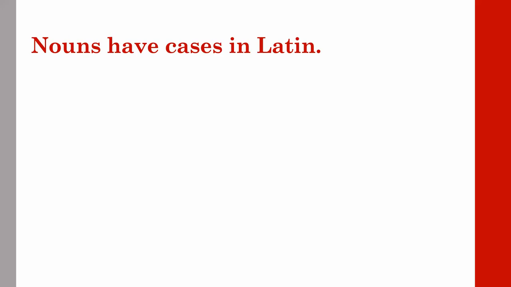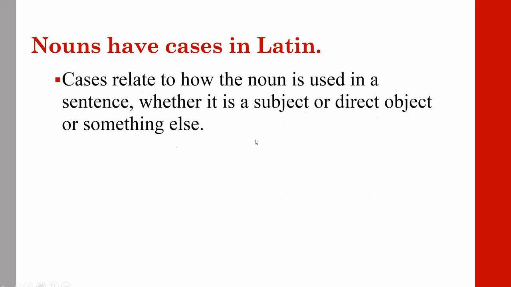Nouns in Latin have what are called cases. Cases are how the word is being used in the sentence. So these are based off of the endings again. Remember, we talked about verbs changing endings. Now we're talking about nouns changing endings. Well, the cases are these ending changes, and they tell us whether something is a subject or if it's a direct object or whatever that the noun is doing in the sentence.